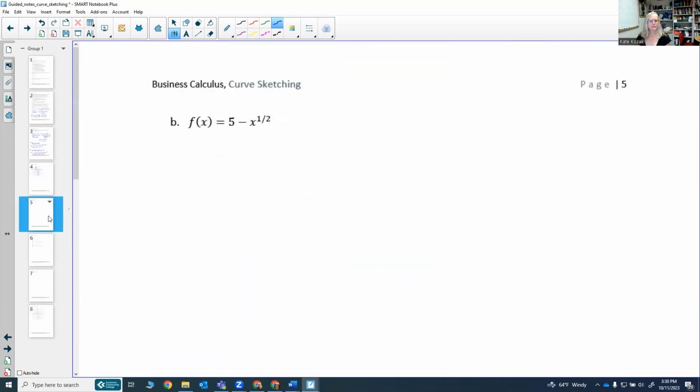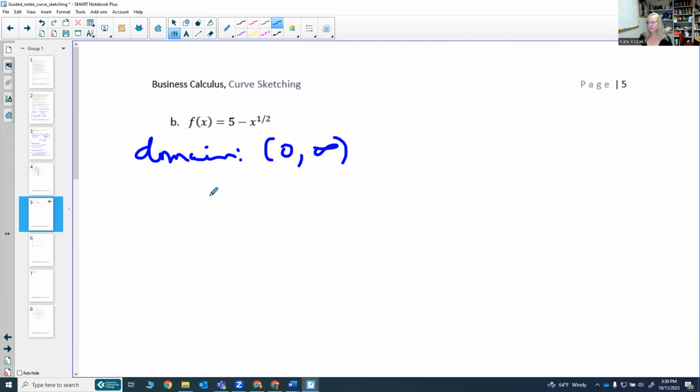Another example is f of x is equal to 5 minus x to the 1/2. Now the solution to this, the domain: since this function involves square roots, the domain is 0 to infinity, since you cannot take the square root of a negative number.